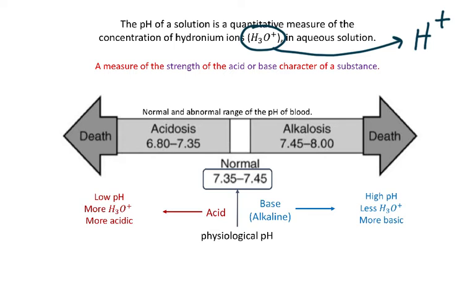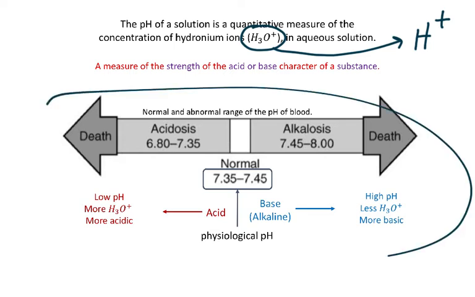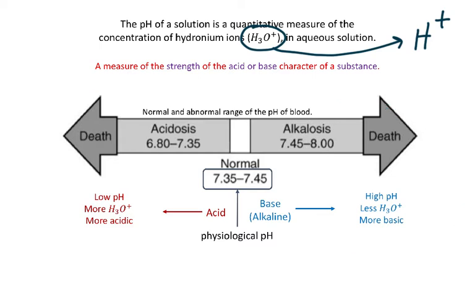And so we saw something like this before as well, and now these numbers have to do with pH, or they are pH, I should say. This is the physiological pH, like blood pH, the range that's normal, 7.35 to 7.45.